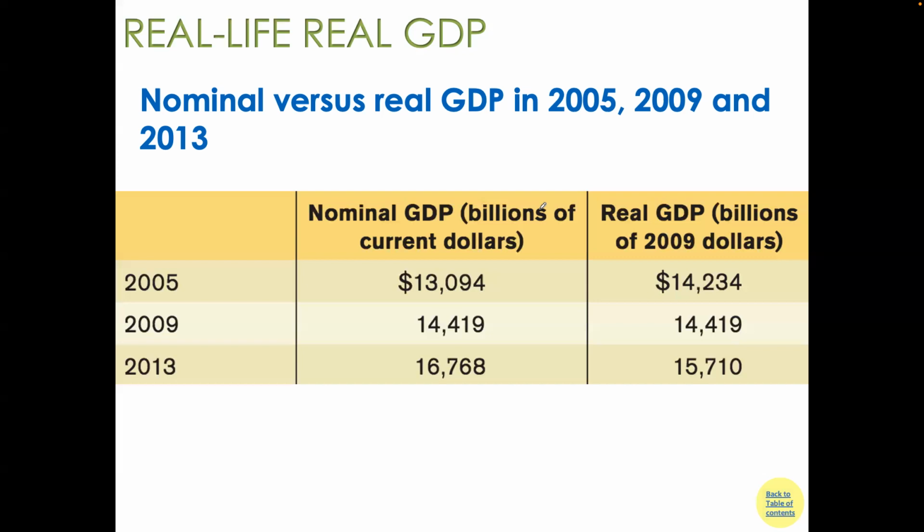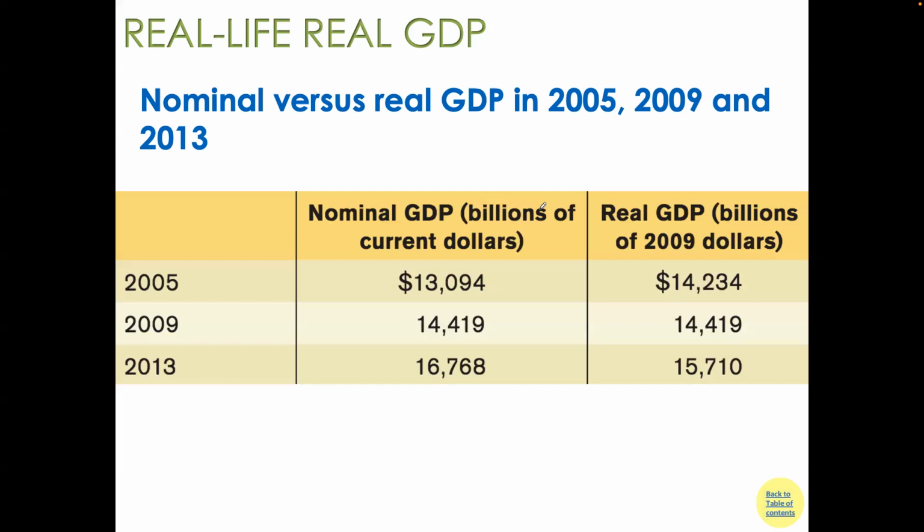Let's just start with this one, it's easier. In 2013, nominal GDP is higher than real GDP. So if you compare the overall price level of 2013 with 2009, it is higher. So that's why nominal GDP is higher than real GDP.